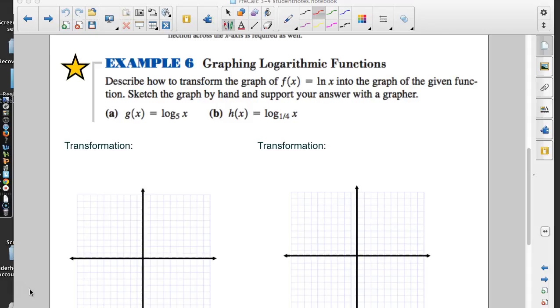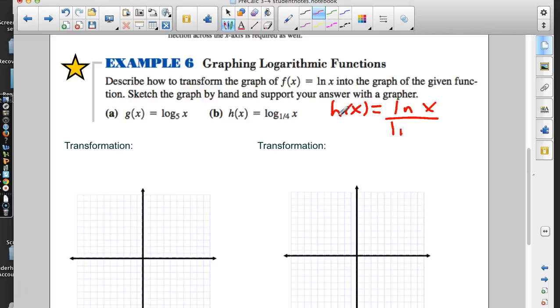So we looked at this one and said, what I know about using natural log is I can use the change of base formula on this right away and say h of x would equal the natural log of x over the natural log of 1/4. But then I start thinking, wait a minute, natural log of 1/4, I really shouldn't leave it like that either, because that's the natural log of 4 to the negative 1. And with powers, we really should be bringing that forward.